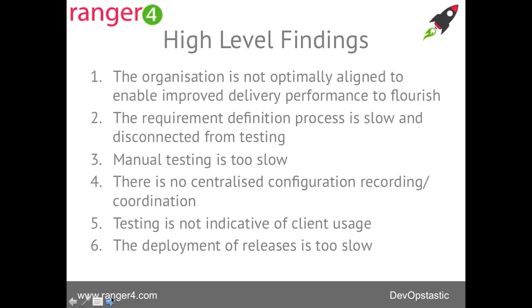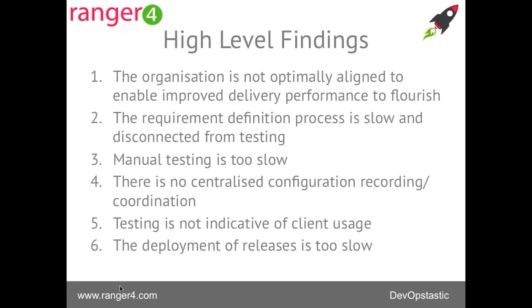So the high-level findings, so this is the report that we gave back to Platform Securities after we had completed all of the stakeholder kickoff and the interviews and had gone away and thought about it. And this is our report about what we found and what we recommended. So we found that they weren't optimally aligned, so there were some problems in the way that they were organisationally positioned between development and operations.